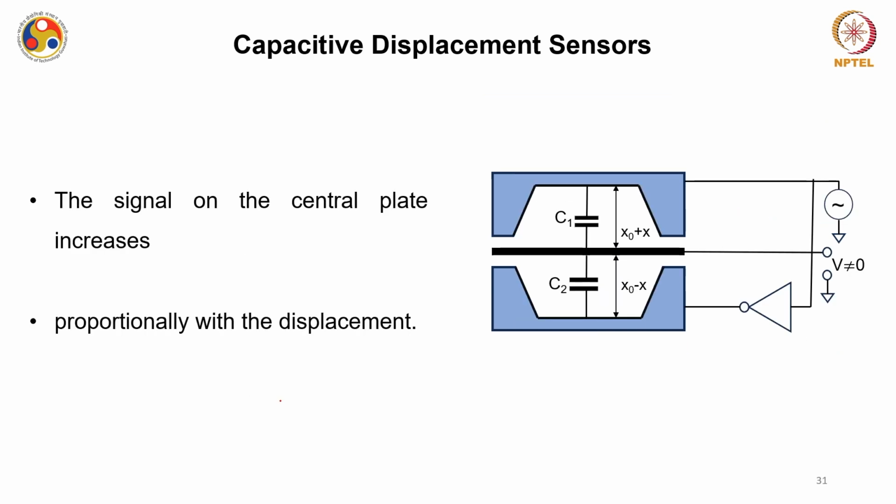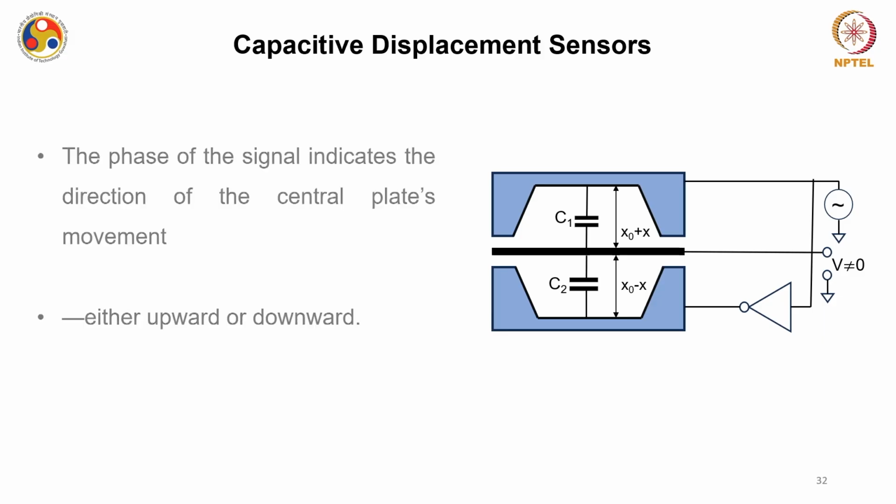So C1 becomes epsilon A by x naught plus x, while C2 becomes epsilon A by x naught minus x. Now because of this, the central plate will no longer be at 0 potential. There is a certain potential associated with the central plate. This voltage is proportional to the displacement of the plate.